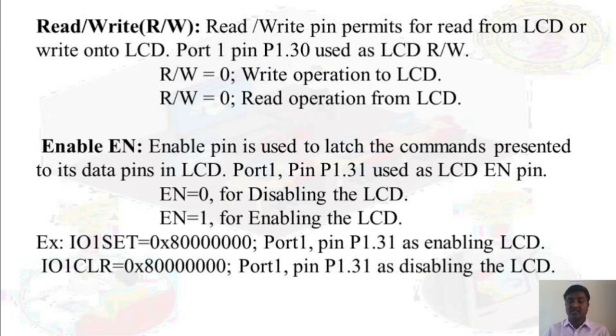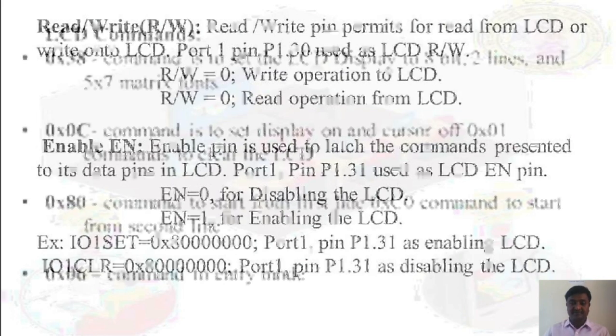Enabling and disabling means if I want to display the result, it should be enabled. If I don't want to display, then set enable to 0. The example shown here is set and clear: P1.31 set high enables the LCD. If it is clear, it will be disabled.